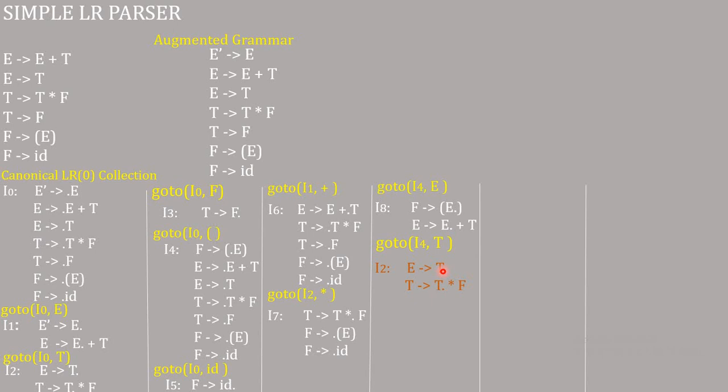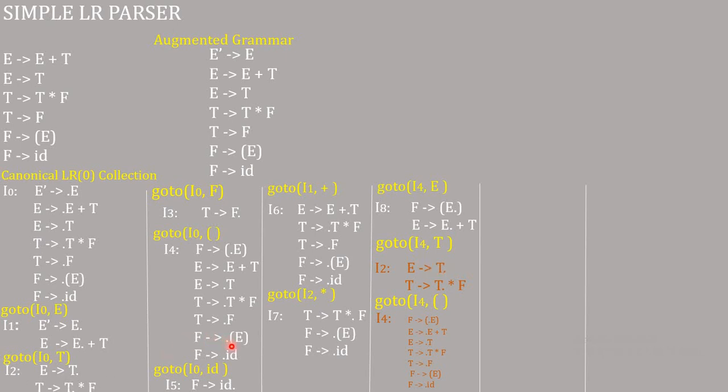So let us define goto of I4 comma F. Next one is goto of I4 comma open bracket. When we define it, what happens?